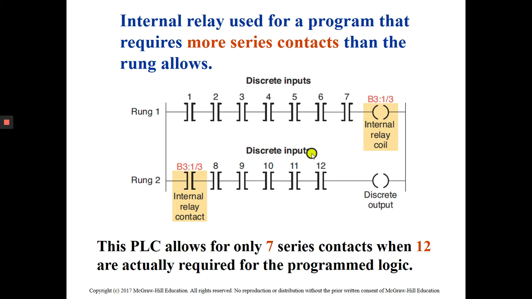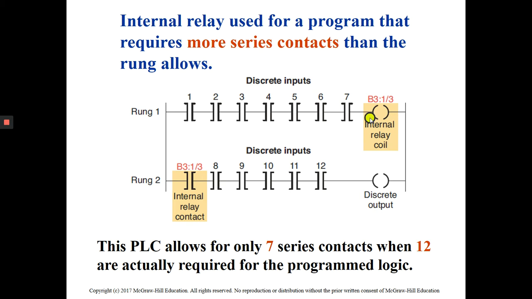So how can we connect the 12 instructions in series and overcome the limitation of this PLC? This type of PLC is only allowed to use 7. So in order to use the 12 to energize the output device here, which is the discrete output, we can use the internal relay.